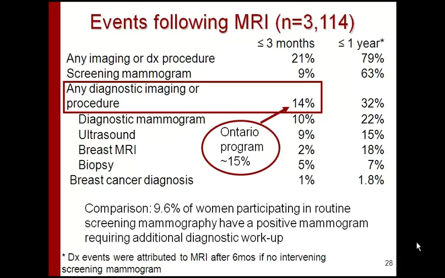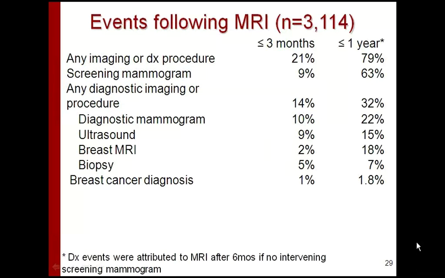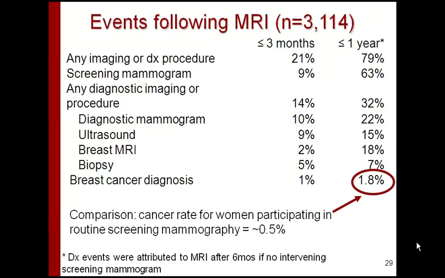And then the final point I wanted to make about this was our cancer rate, whether or not it followed a true or false positive, or a true or false negative MRI, was about 1.8% in the year. So at 12 months, that was our cancer detection rate.